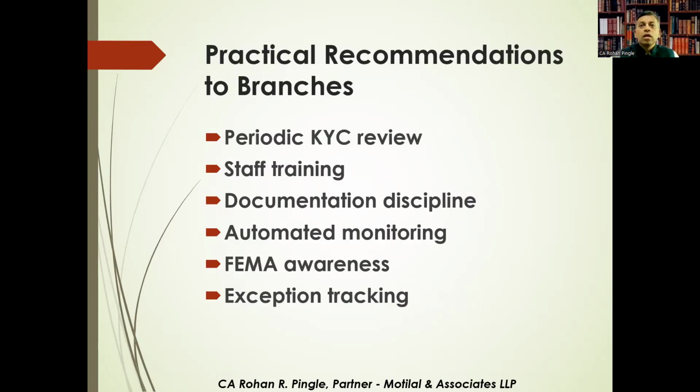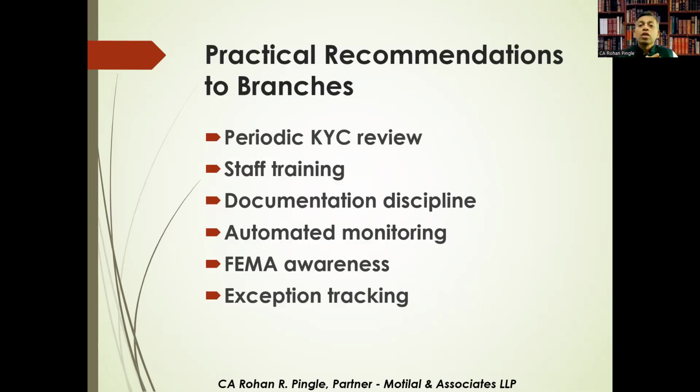Let's see practical recommendations to the branches. Concurrent auditors should not merely identify deficiencies but also provide practical solutions. Important branch-level recommendations include periodic review of NRI customer status, strong documentation controls, purpose code validation, staff training on FEMA, and monitoring of unusual remittance activities.